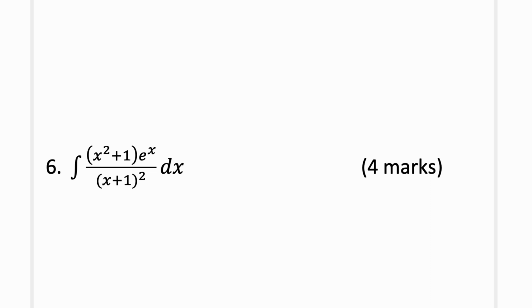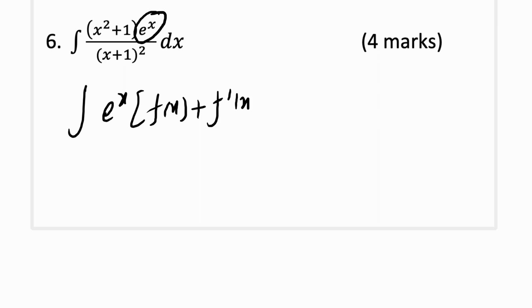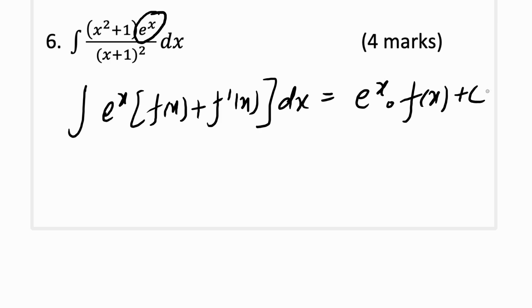In the next question, they are given integral of (x square plus 1) e to the power x upon (x plus 1) whole square dx. Now see, whenever they are given e to the power x, we will try and use the formula: integral of e to the power x (fx plus f dash x) dx is directly e to the power x fx plus c. You can use this formula directly, okay?